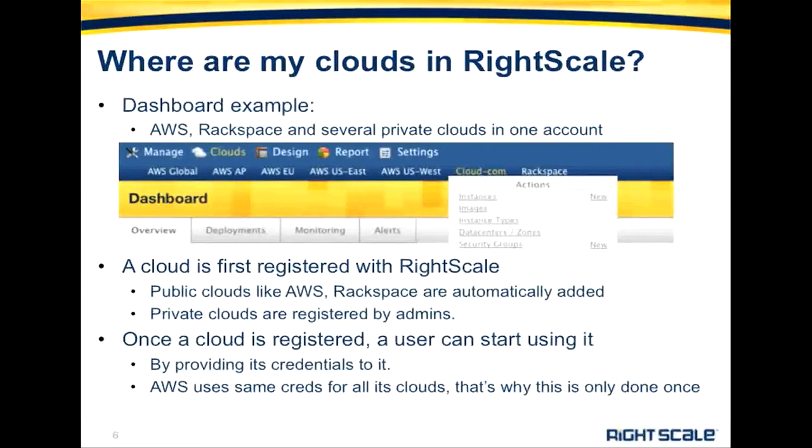For the private cloud, you actually have to register it on your own, because we don't know that you have a particular private cloud in your garage. There's a registration process where you add the endpoints and some keys, and then a new menu will appear. For the public ones, we take care of immediately showing them in the dashboard for you, so you only have to enter your credentials with, say, Amazon or Rackspace.